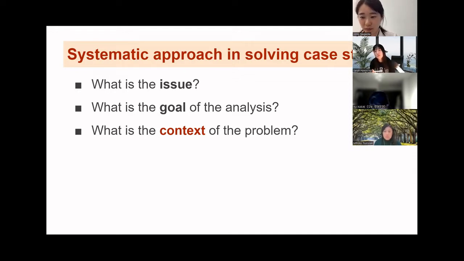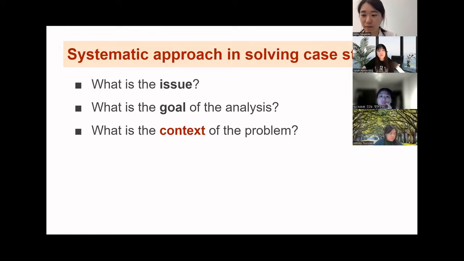Honda, Toyota stopped, no more parts. So that is context. The context is the factory is in a very disaster-prone area. Context is also that they are making parts, for example, doors for projects.